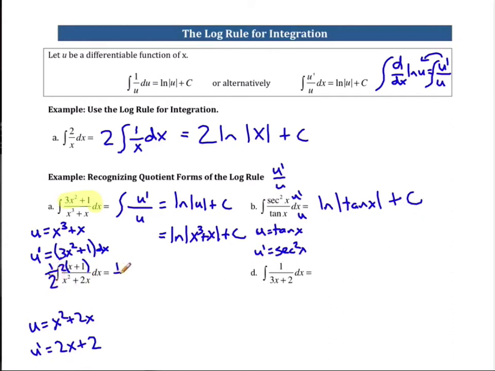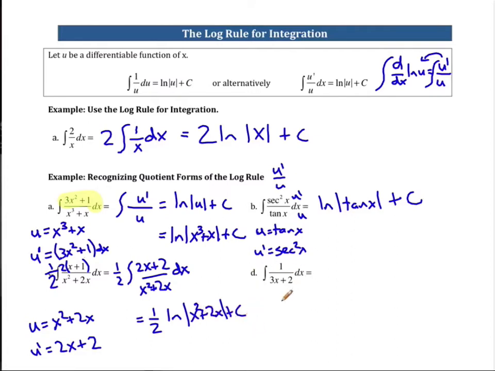Okay, so we really have 1/2 times the integral, and we'll distribute that 2 to get 2x plus 2 over x squared plus 2x dx. Now we have u prime over u, and so our final answer is going to be 1/2 times the natural log of the absolute value of x squared plus 2x plus c.